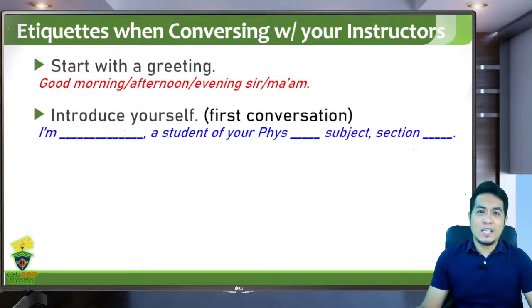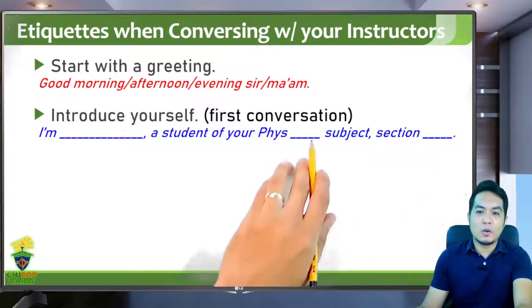Of course, since I have so many students, so many subjects, so many sections, please introduce yourself during our first conversation. State your name, a student of your subject, section. In the case of our subject, Physics 41, there's only one section, so no need to mention the section, only the subject.